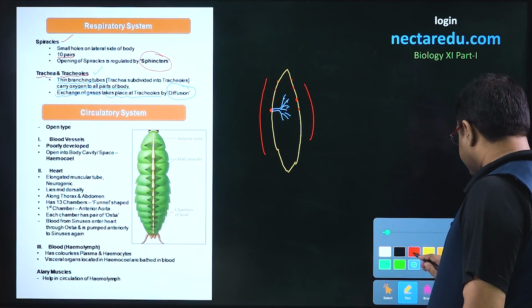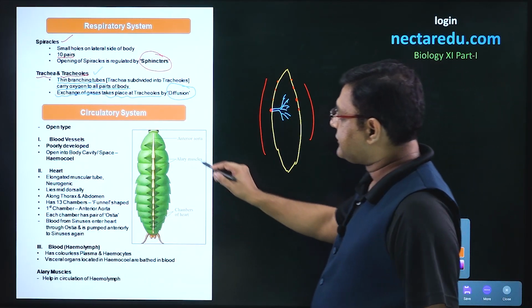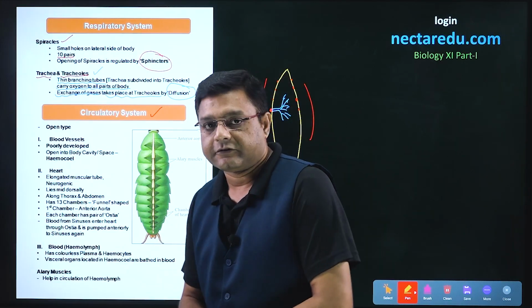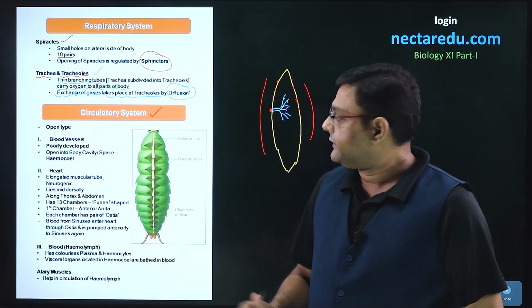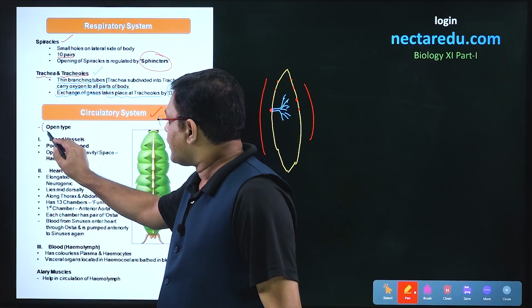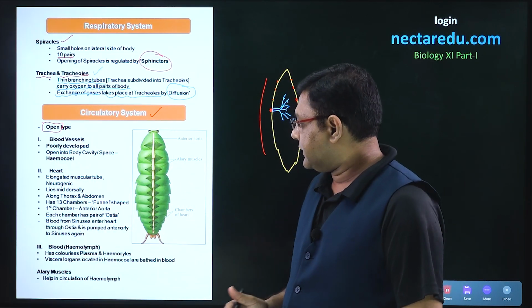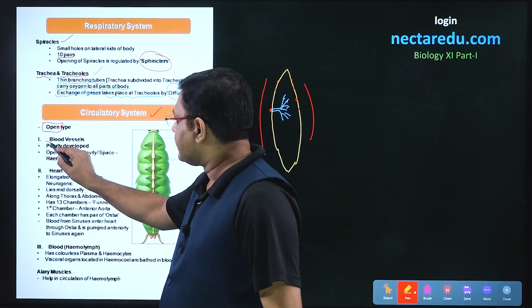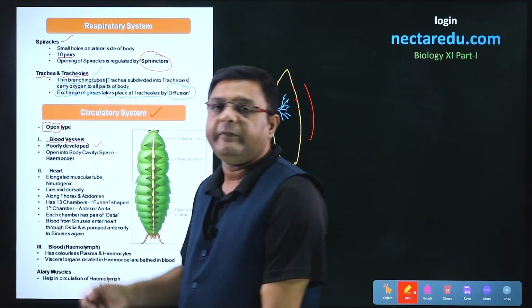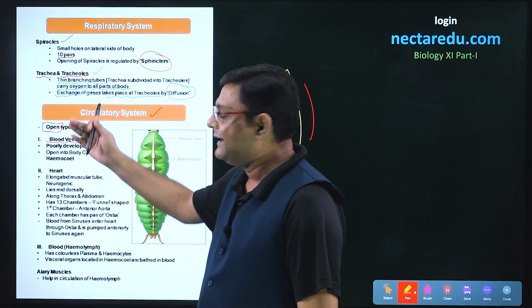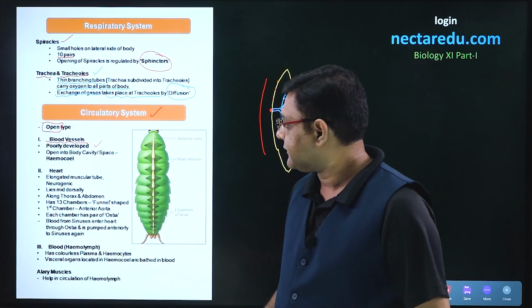After the respiratory system, moving to the next system, that is the circulatory system. Now the circulatory system in the case of cockroach is open type. It will be divided into three parts. The first part will be the blood vessels, which will be poorly developed as it is an open type of circulatory system.